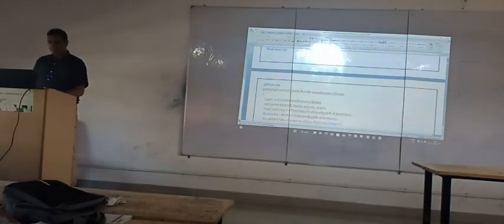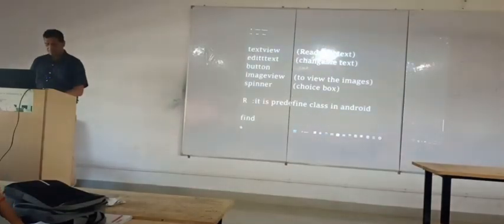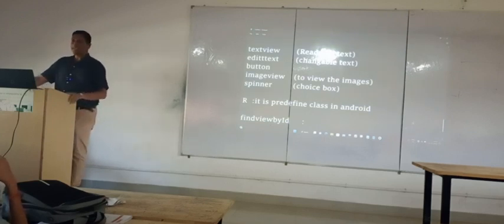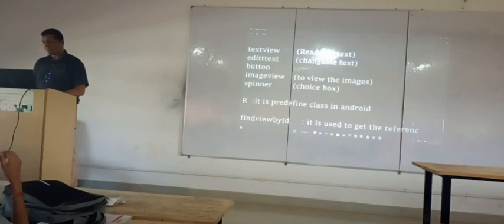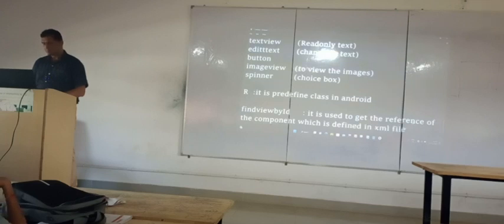And here we have something called findViewById. What is the use of this? It is used to get the reference of the ID or component which is defined in the XML file.